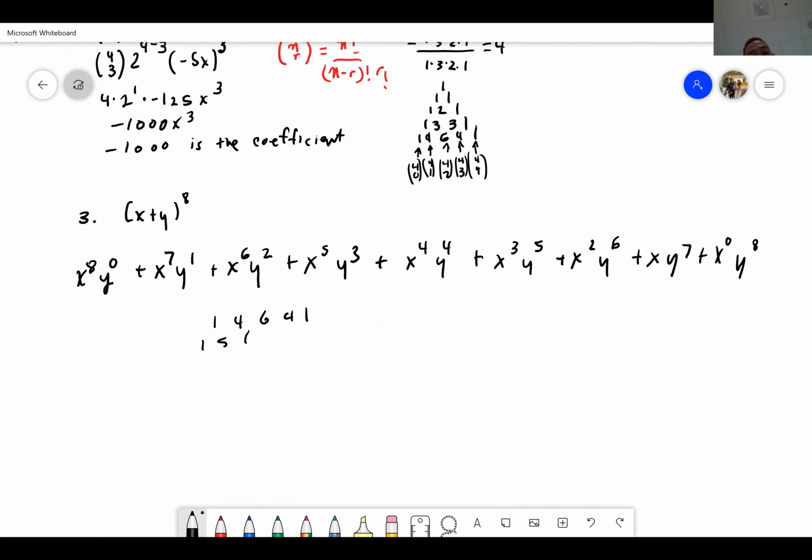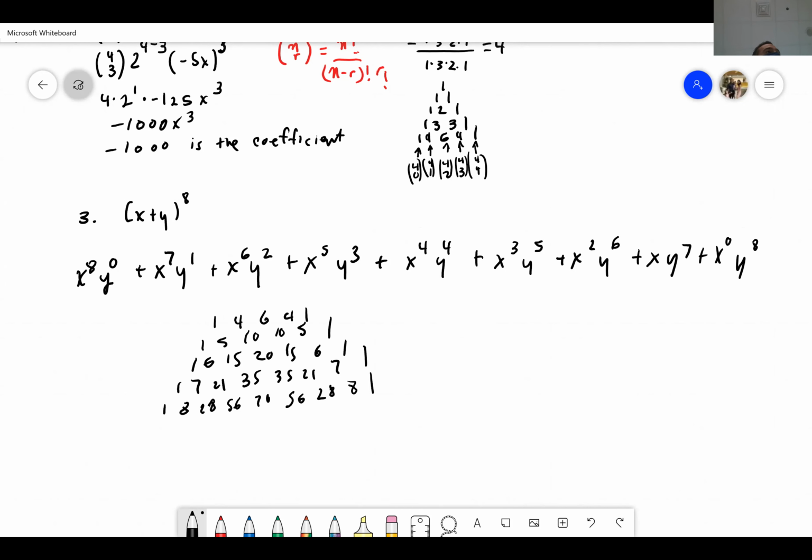We have 1, 5, 10, 10, 5, 1, 1, 6, 15, 20, 15, 6, 1, 1, 7, 21, 35, 35, 21, 7, 1. We have 1, 8, 28, 56, 70, 56, 28, 8, and 1.